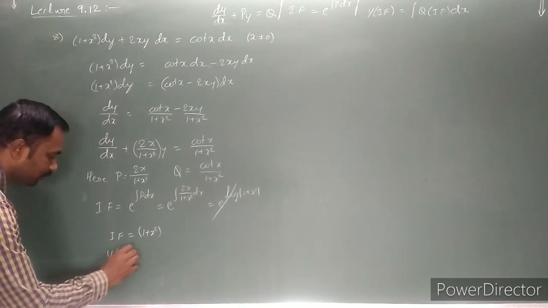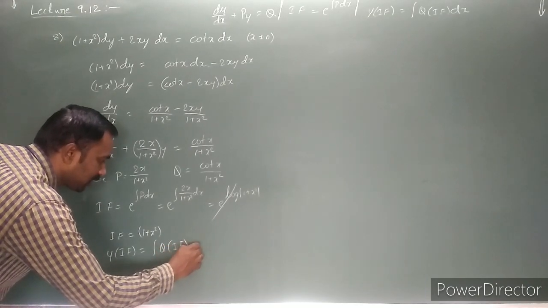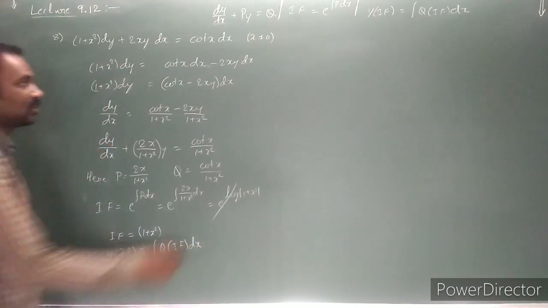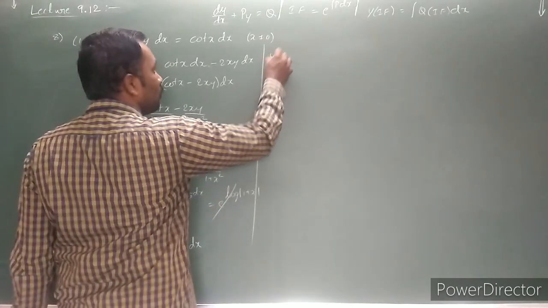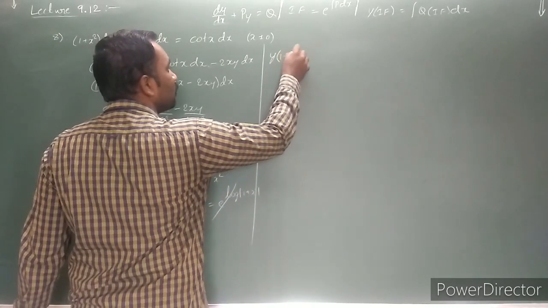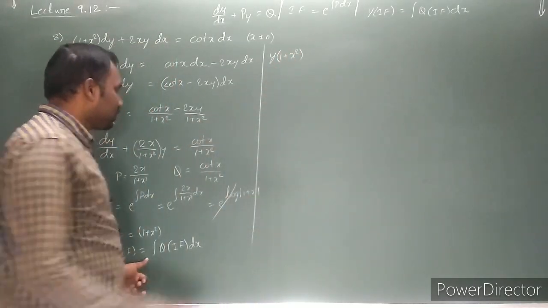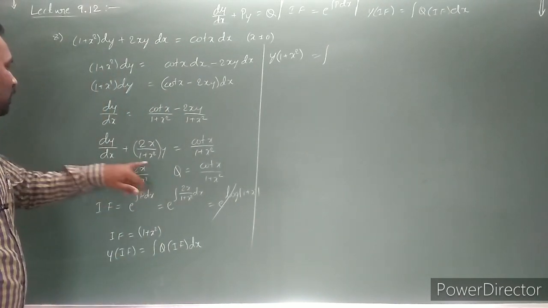Now replace this integrating factor into the general formula. So y times the integrating factor is equal to the integration of Q times the integrating factor dx. Replace it and simplify. What do we get? Check it: y times the integrating factor, which is (1 + x²), is equal to the integration of Q times the integrating factor.